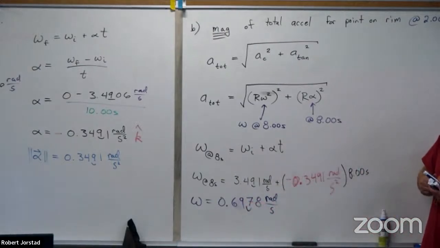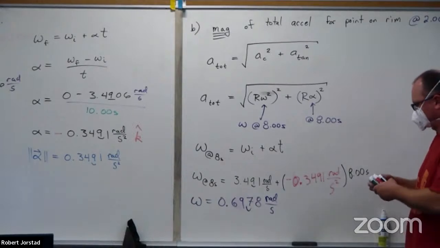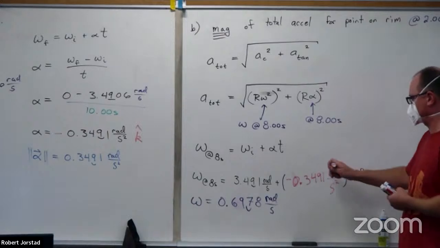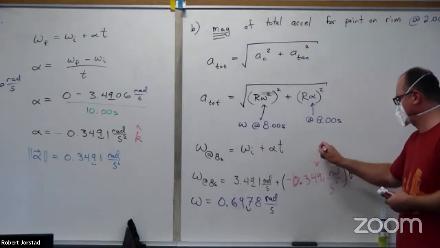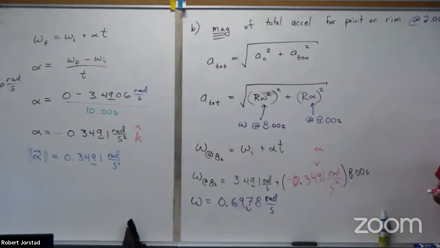In this case, alpha is known. We know alpha from the previous problem. How do I get R? It's given, but it's the same. How do you know we should use that radius, or should we use some other? What's the thing in the problem that indicates we should use the radius of the record?